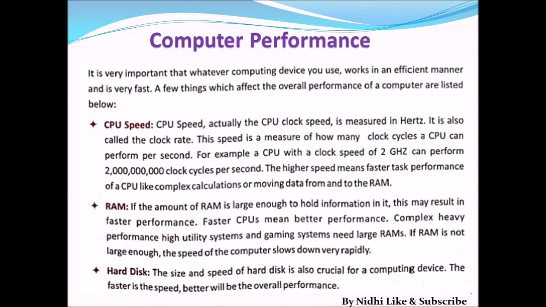It is a measure of how many clock cycles a CPU can perform per second. A CPU with a clock speed of 2 gigahertz can perform this many clock cycles per second. The higher the speed, the faster the task performance of a CPU.